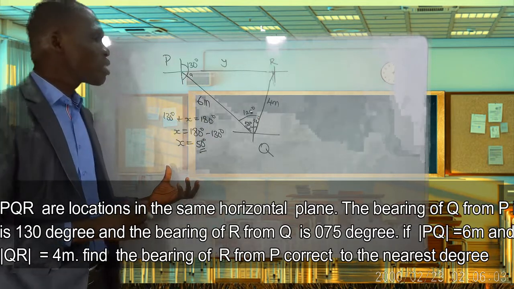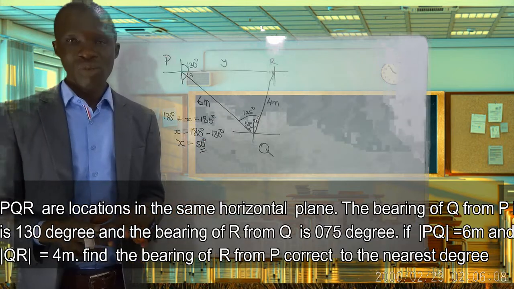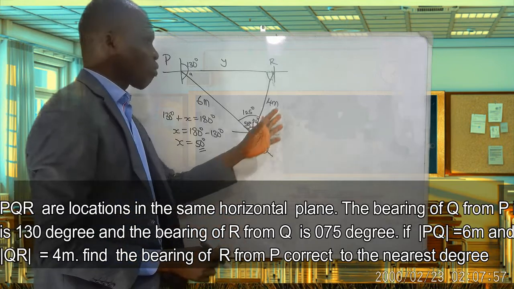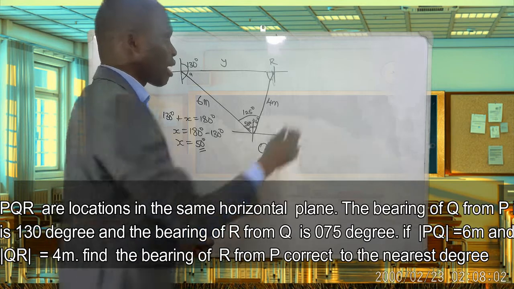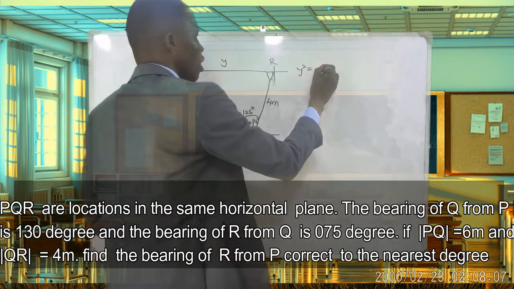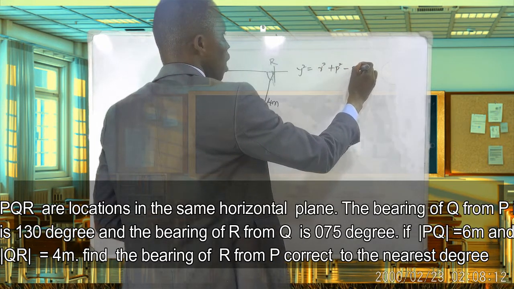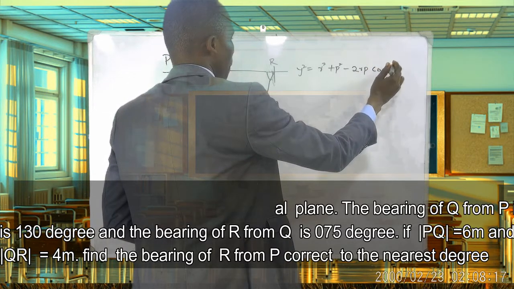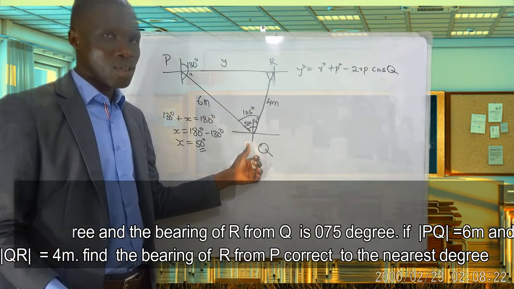Now from here we can apply the cosine rule. How can we apply the cosine rule? Okay class, to apply the cosine rule we are going to use this formula: y squared equals r squared plus p squared minus 2rp cos Q. This Q, I think you understand, right?